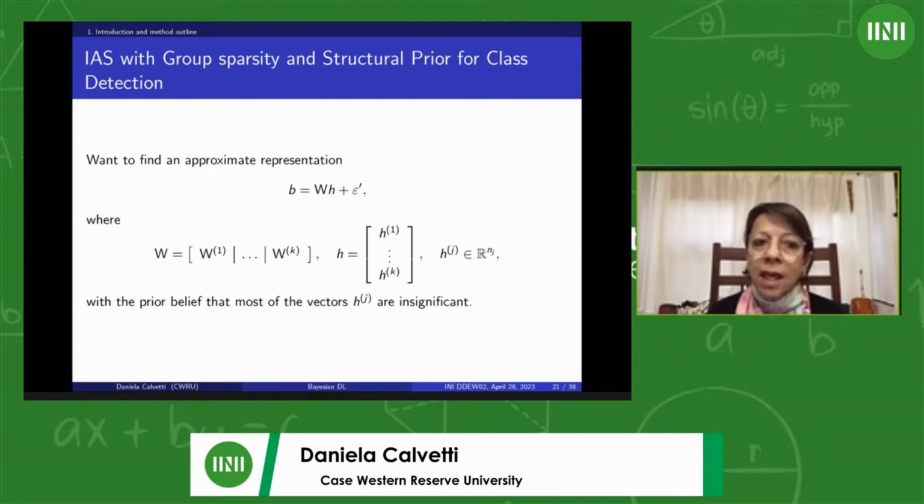Now we don't want to say that we expect the solution vector H to be generically sparse, but we want to express the fact that we expect blocks of H to be sparse or small.